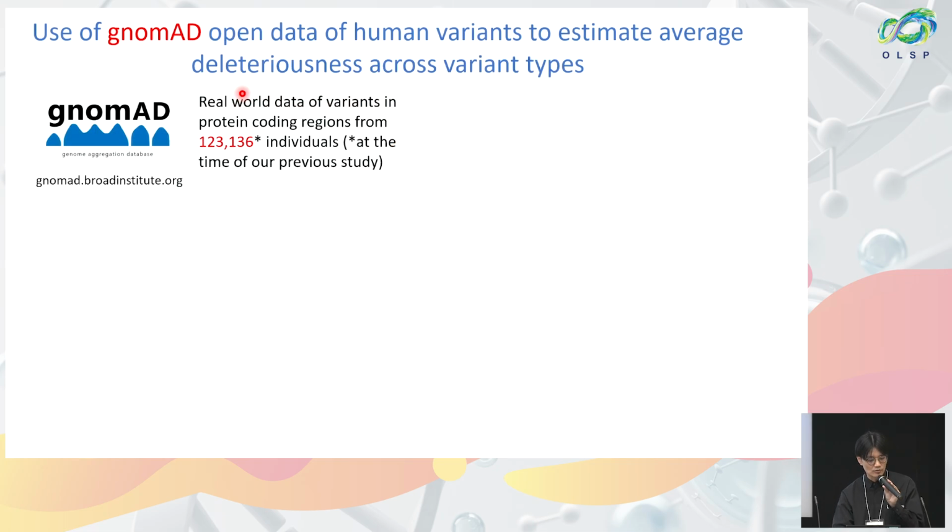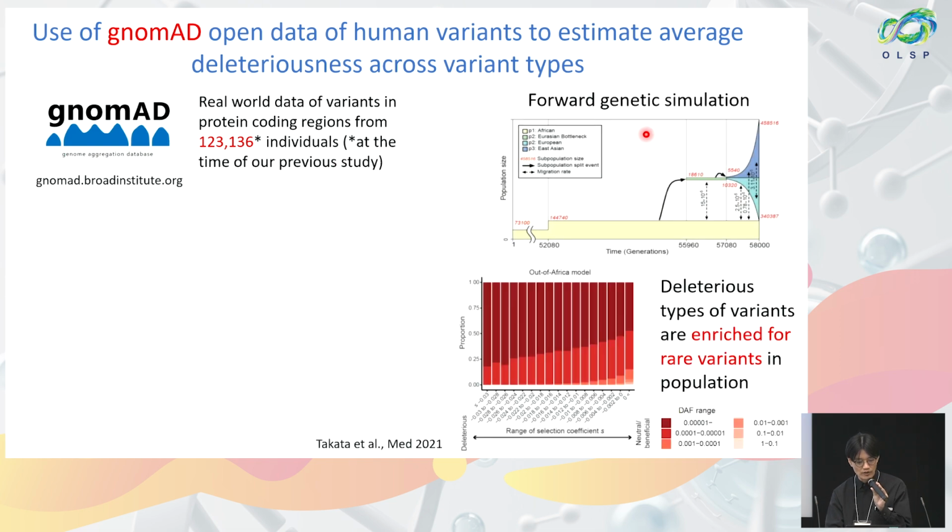Specifically, we used gnomAD, real-world data of variants in protein coding regions from this number of many individuals. And actually, the number of individuals is increasing in the newer versions. Before utilizing this gnomAD data, we performed a forward genetic simulation mimicking the immigration history of mankind, starting from Africa and divided into the populations in Europe with a bottleneck event, and then spread into Europe and Asia.